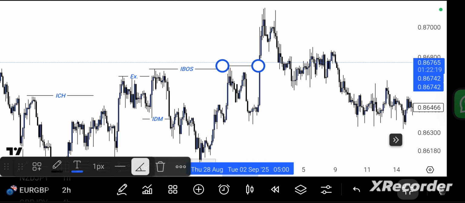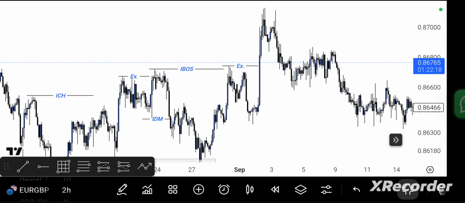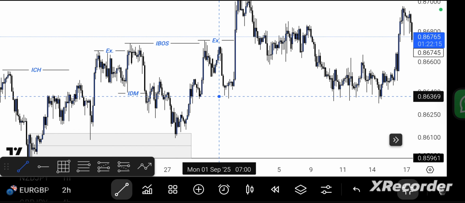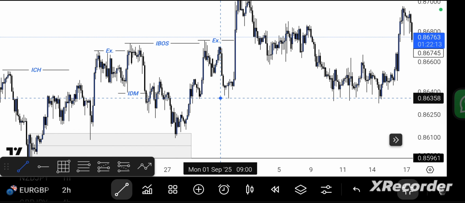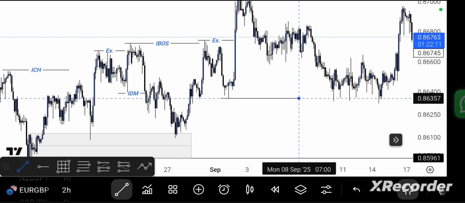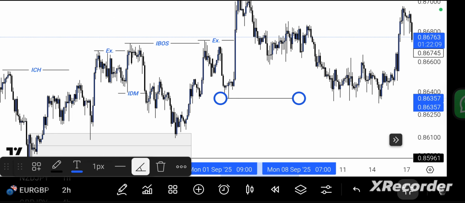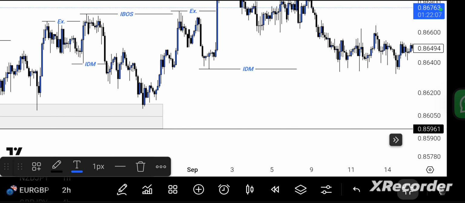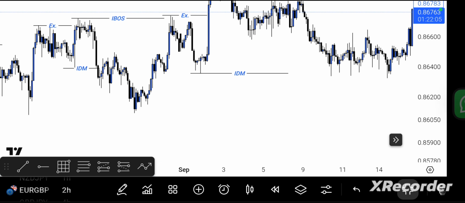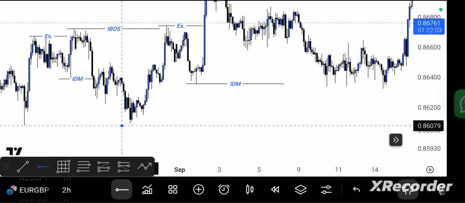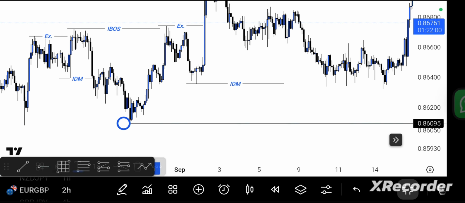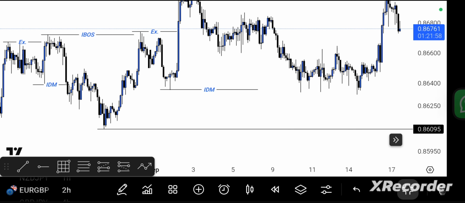So we had the extension right here, which makes the low of our extension an inducement. Then this low is taken out. I'm going to delete this. So this becomes the low, the last point the market is not to take out for this trade cycle.